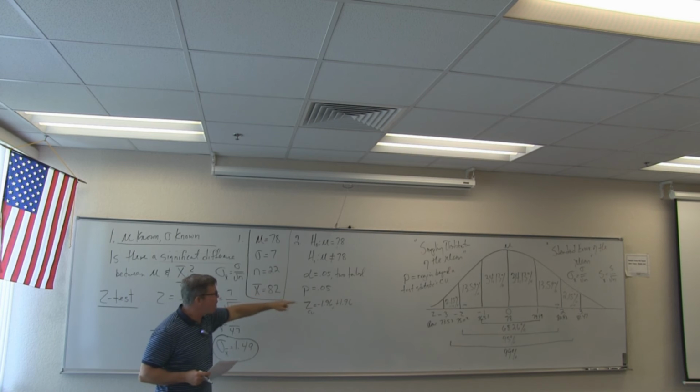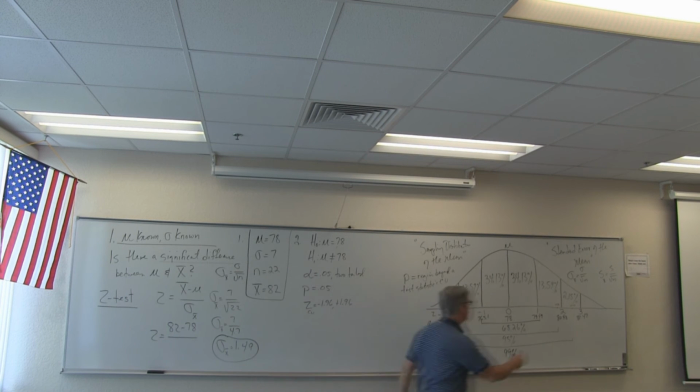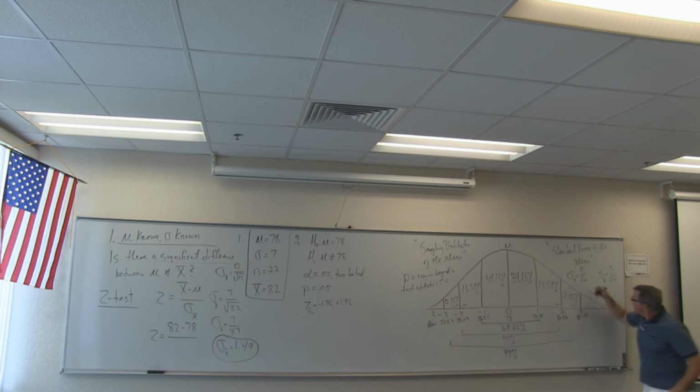Well, look at this. It's right over here. The 82 is about right here. It's going to correspond to a z a little bit less than 3. What do you think our decision based on the null is going to be? Reject. We're going to reject it.